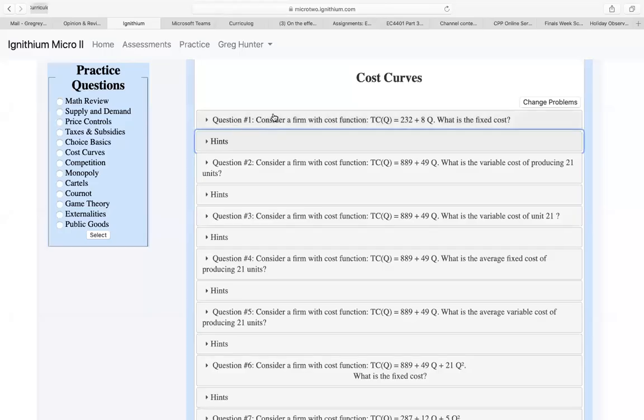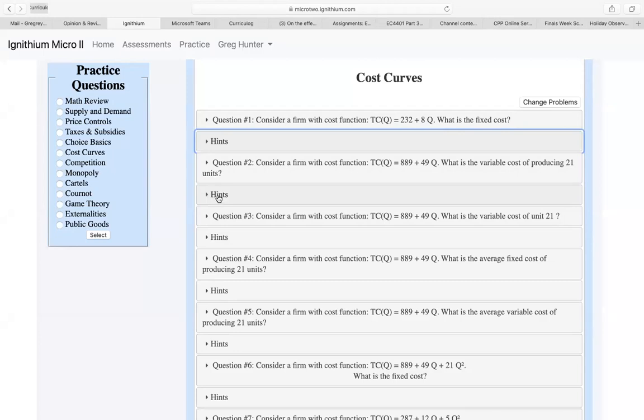So just to reiterate, number 1 is 232 because it's not changing with Q. For number 2, what did you get for the variable cost of producing 21 units? I got 1,980. How did you get it? I put 21 into the Q and calculated the equation.